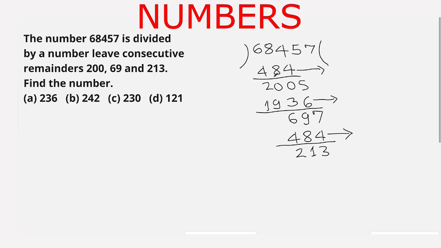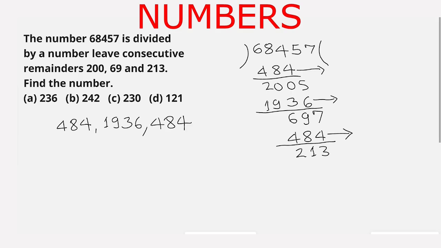The first product of divisor and quotient is 484. The second product of divisor and quotient digit is 1936, and the third product of divisor and the last digit of quotient is 484. So those are 484, 1936 and 484.